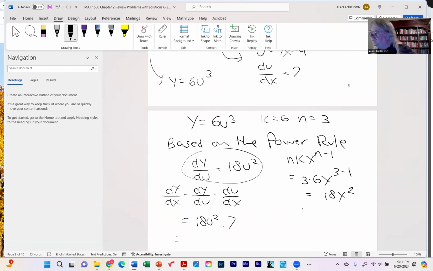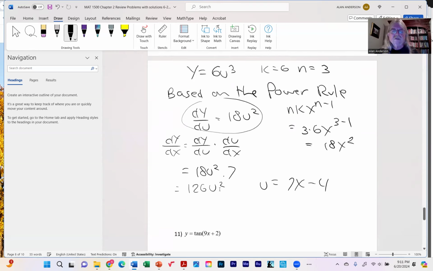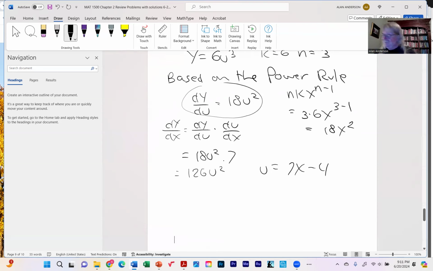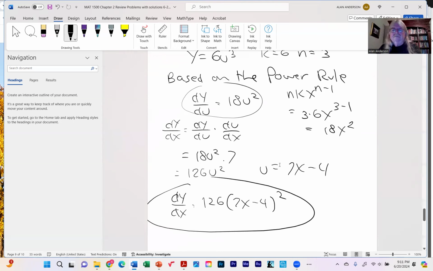So that's going to be, now we want dy dx, but we know that u is equal to, or we chose u to be equal to 7x minus 4. So when we're done, the final result will be right there. Okay, so that's the chain rule.